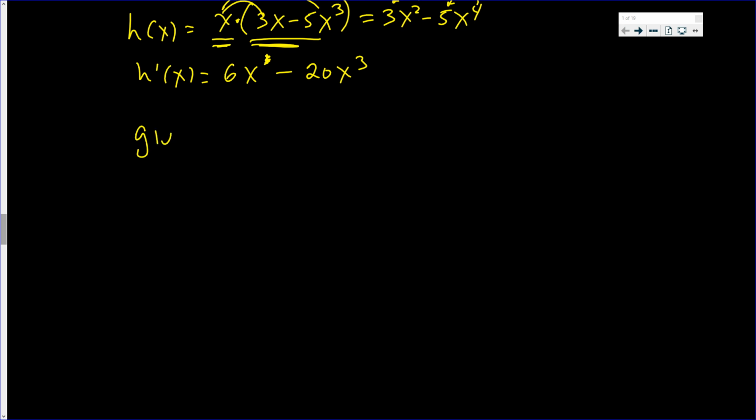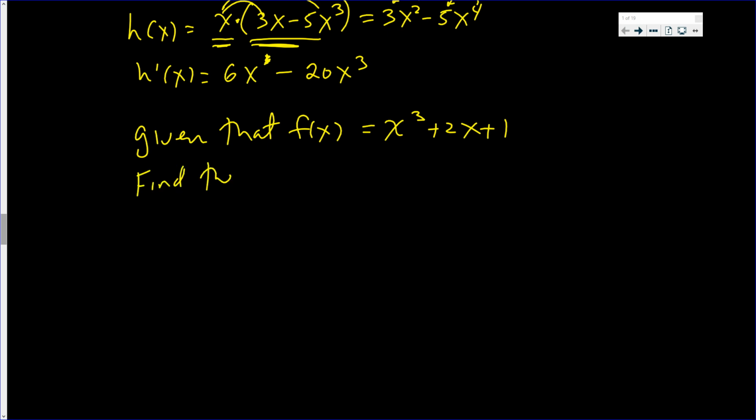Let us do this problem. Suppose that you're given that f of x is equal to x cubed plus 2x plus 1. And you want to find the equation of the tangent line to that graph at the point 1, 4.